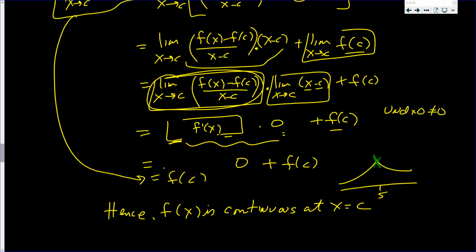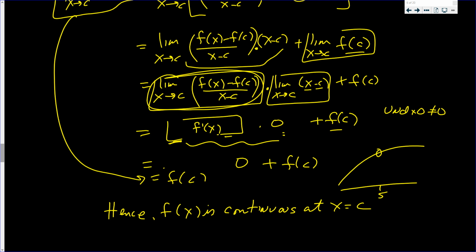But no way could it be differentiable if the point is missing. There's a nice smooth curve. If I remove that point, it's not differentiable at 5. Not because I'm telling you, but because we proved it.